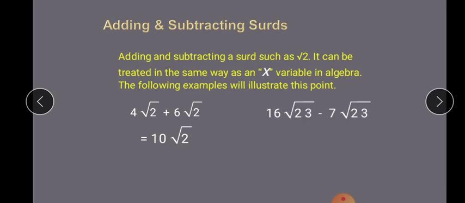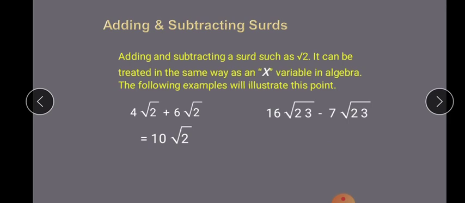Let us take one more example. This example is of subtraction. 16 root 23 minus 7 root 23. As root 23 is common, let us take root 23 as x. So we will get 16x minus 7x.